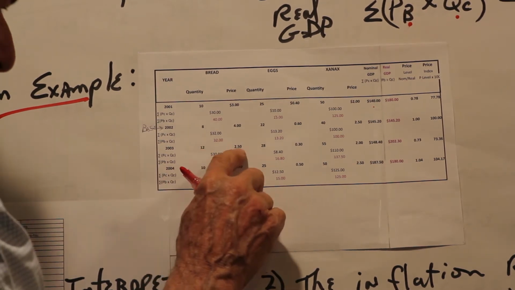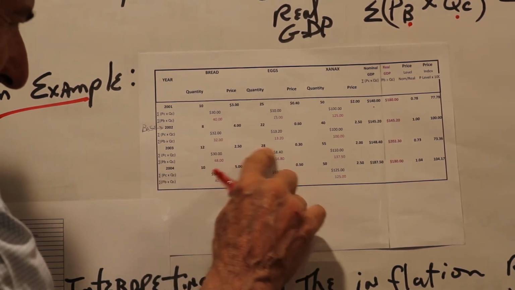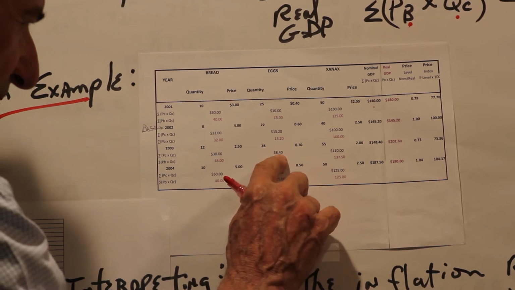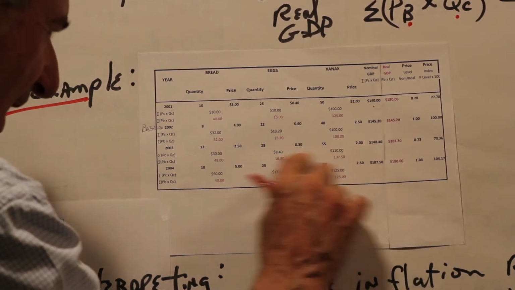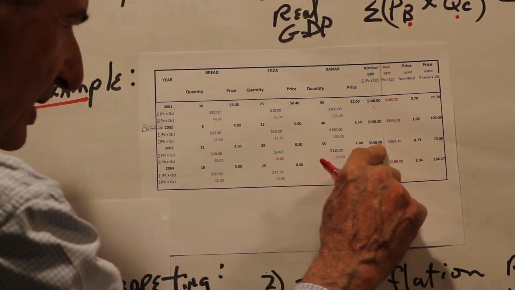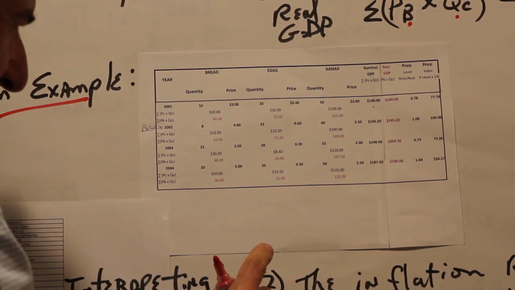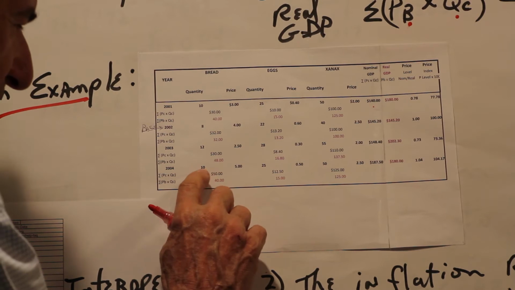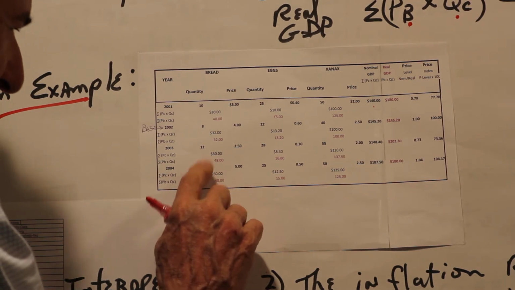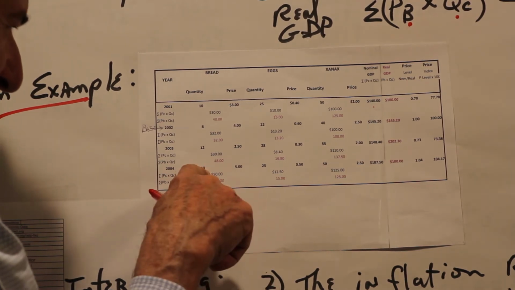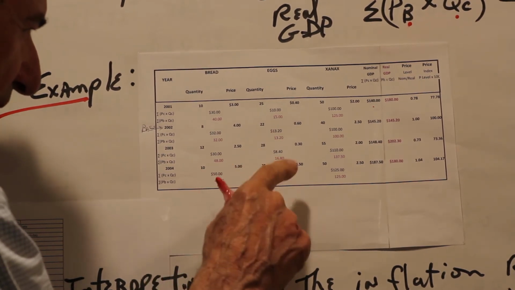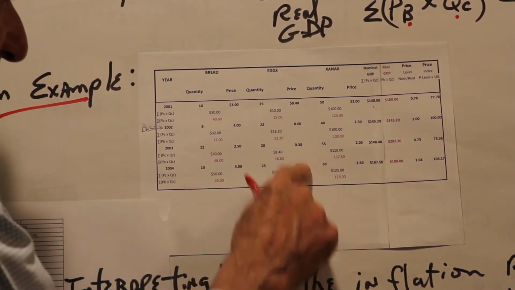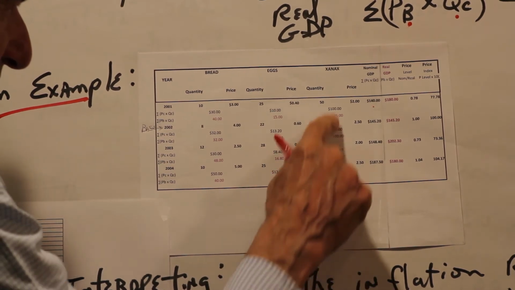Year three, 12 times $2.50 is $30. 28 times 30 cents is $8.40. 55 times 2 is 110, and the total nominal value is $148.40. Finally, in year four, bread 10 times $5 a loaf, so that's $50 total value of the bread produced. 25 times 50 cents for the eggs, that's $12.50.